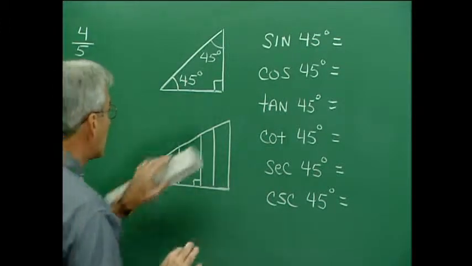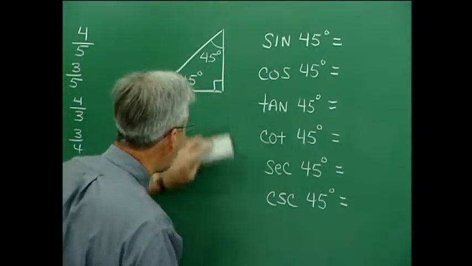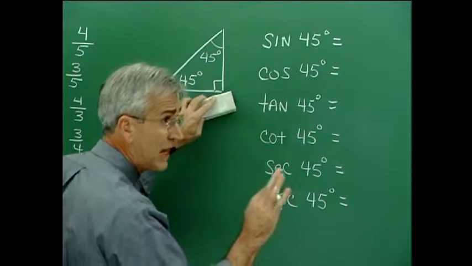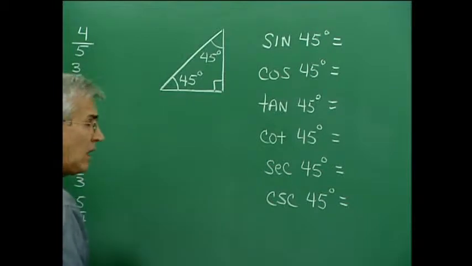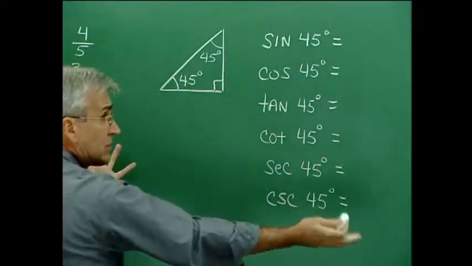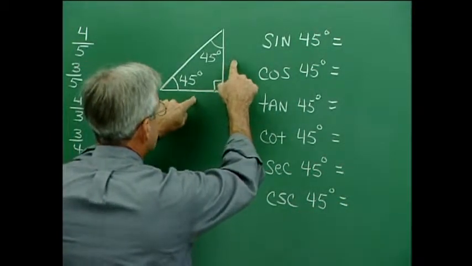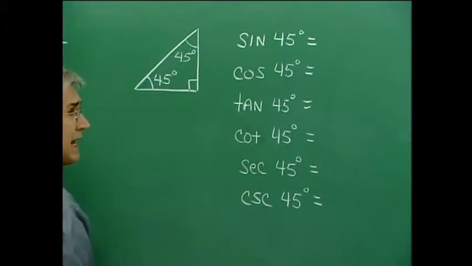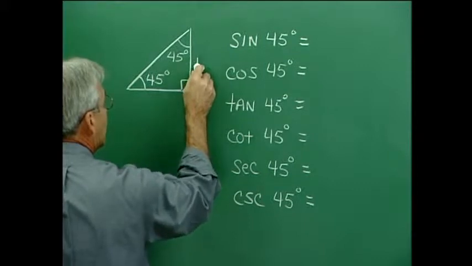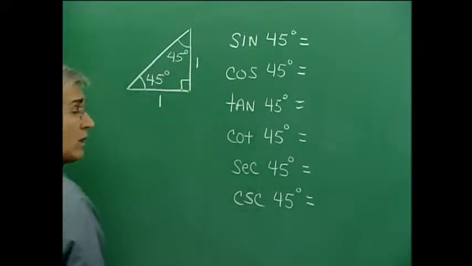Now that's important here because of the way that we are going to determine the sides of our right triangle. If it doesn't make any difference how long these sides are, then I want to make this as simple as I possibly can. So I'm just going to make this side length 1, and this side is therefore length 1.